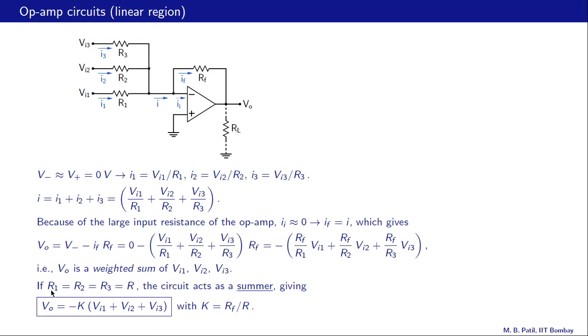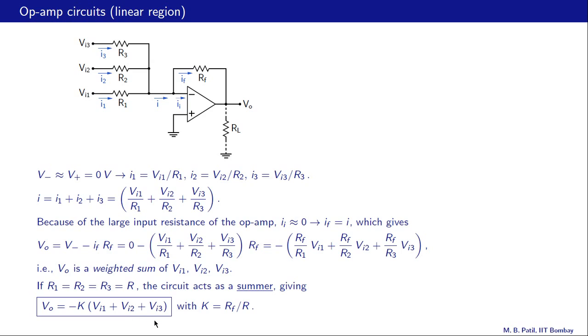And if we make R1, R2 and R3 all equal, denoted by R, then we have minus Rf over R Vi1 plus Rf over R Vi2 plus Rf over R Vi3. So that Rf over R is a common factor. We can take that out and then get minus K times Vi1 plus Vi2 plus Vi3.